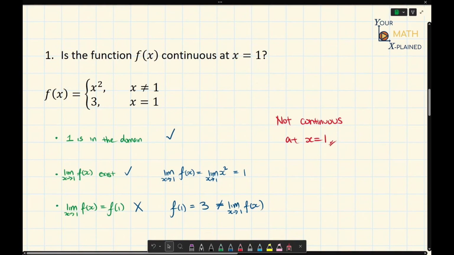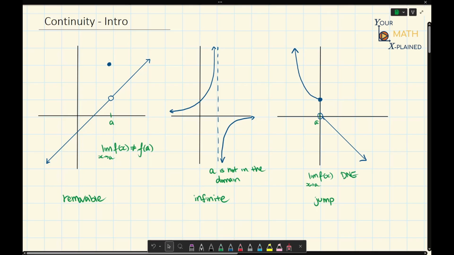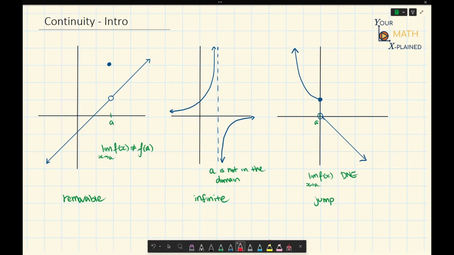So again, going back to the three graphs that we started with, neither the first graph nor the second graph have that one-sided continuity, but for our third graph, we can see that f of a is right over here. And it is equal to the limit as x approaches a from the left side. So for our third graph, we can say that this one is continuous from the left.